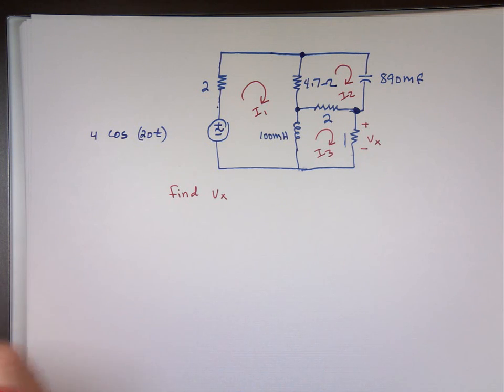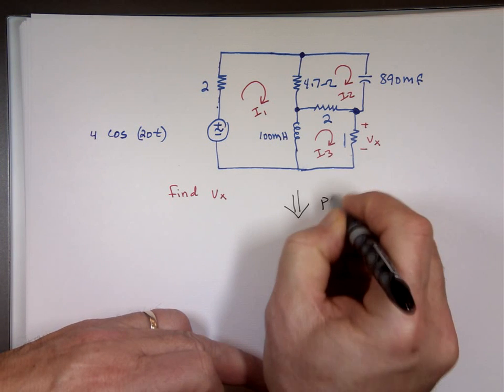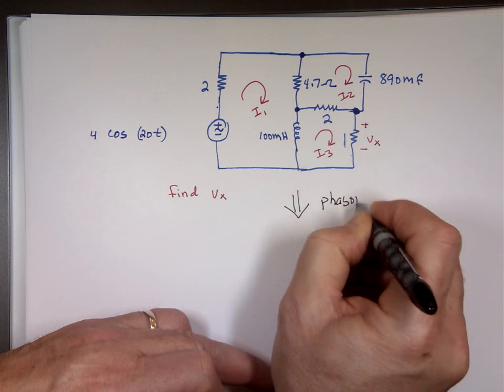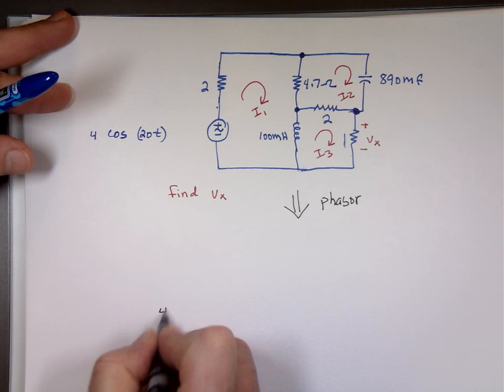So I'm going to change this to Phasor first. So let me transform my circuit to Phasor. This source will be 4 angle 0. There's no shift there.